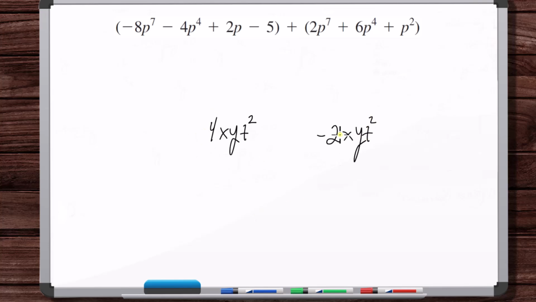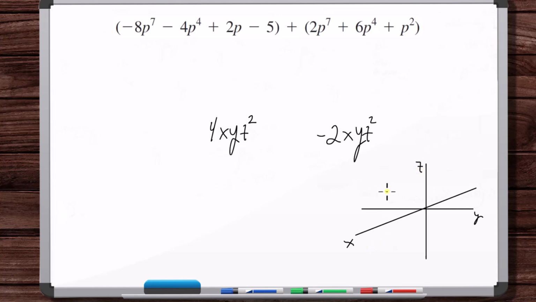Well, the coefficients don't matter because we know we can factor out the coefficients. The idea is you look at the variable expressions, and they have to be exactly the same in every way. These two variable expressions are exactly the same in every way. See, there's an x and a y and a z.